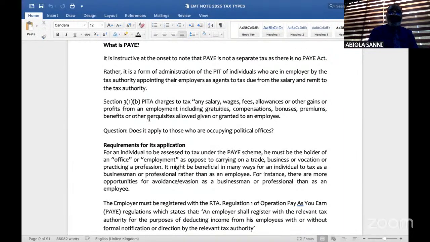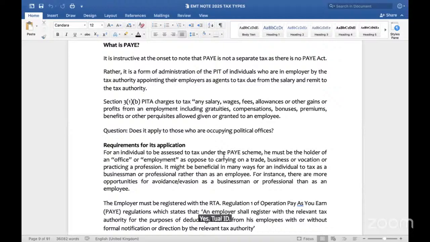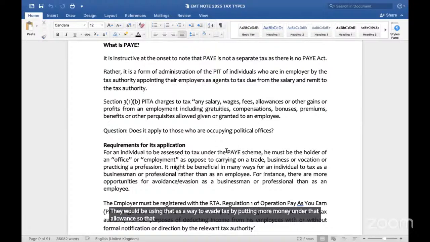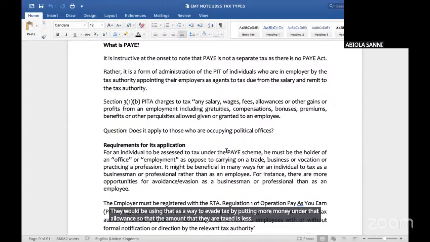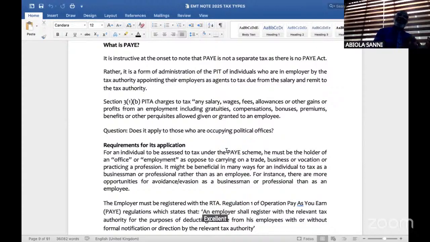Yes, Tiwalade. They would be using that as a way to evade tax by putting more money under that allowance so that the amount they are taxed is less. Excellent. They will use it for tax avoidance by moving more money under allowance rather than salary.